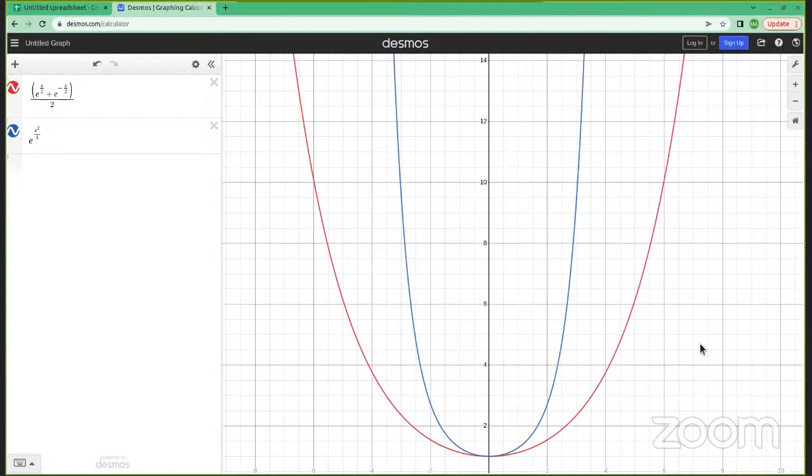Can you see this other function? Yeah, sir. E to the power x square by 4. So you see this red curve is below this blue curve. Right. Whatever value this red curve takes, it will be lesser than the value this blue curve takes. Yeah, sir.